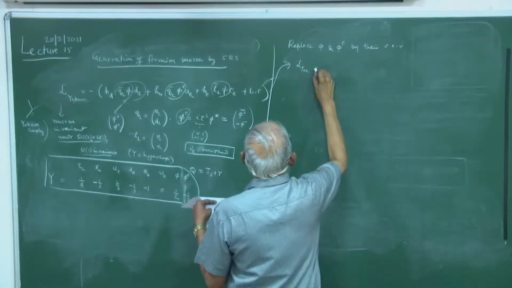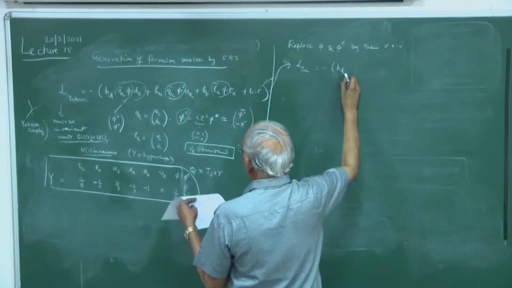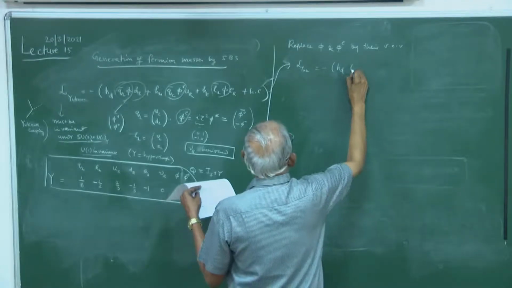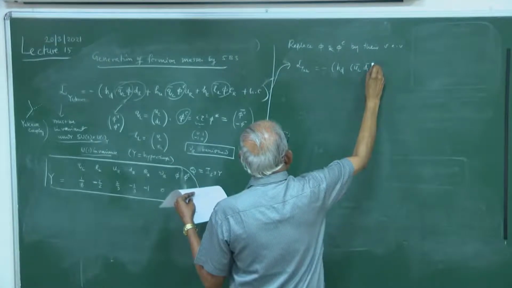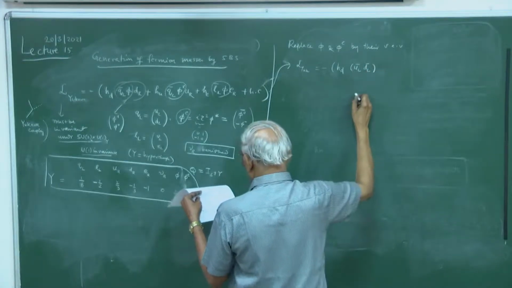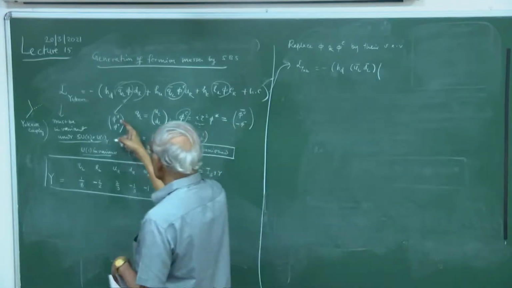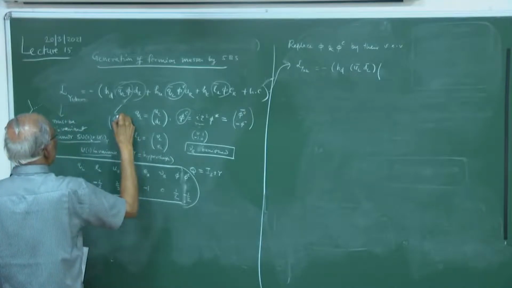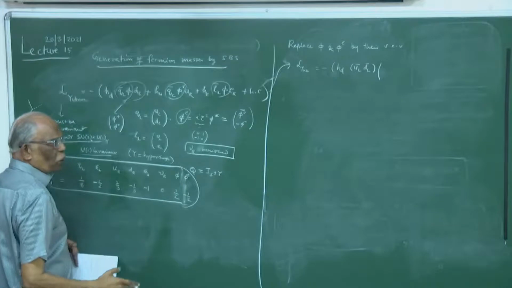So this will become minus Hd. Let me write it down explicitly. QL bar is, remember, uL bar dL bar. The row will become the column, and phi will become, remember, a vacuum expectation value cannot exist for phi plus. That is because phi plus is charged, and if it had a vacuum expectation value, charge conservation would go.